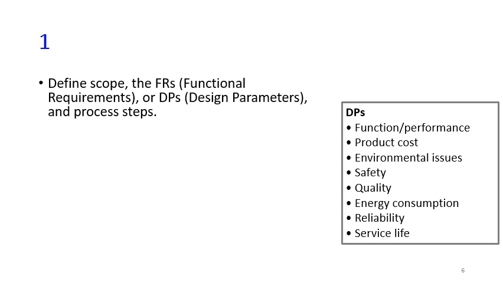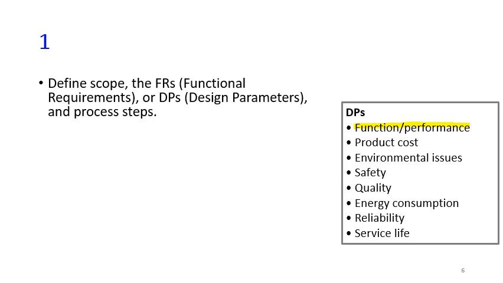We might also think about the design parameters, which means that if we have several alternatives of product concepts, how are we going to say that this alternative is better than that? For example, we can compare those two alternatives based on the parameter of the function or the performance, which one performs better.